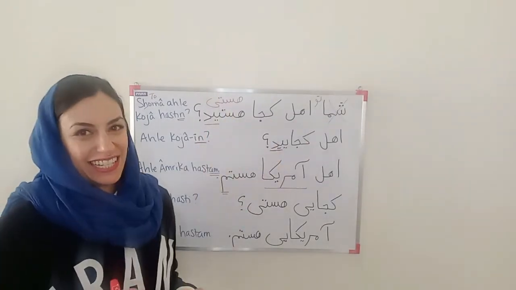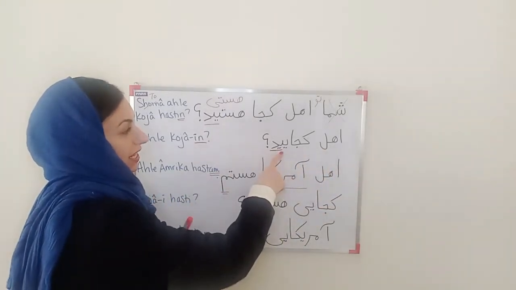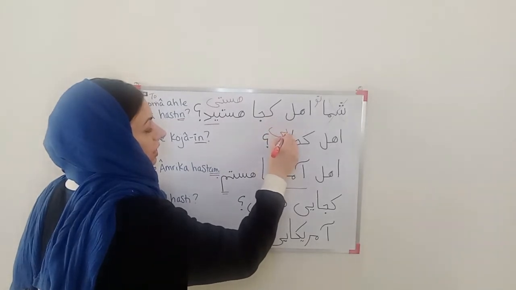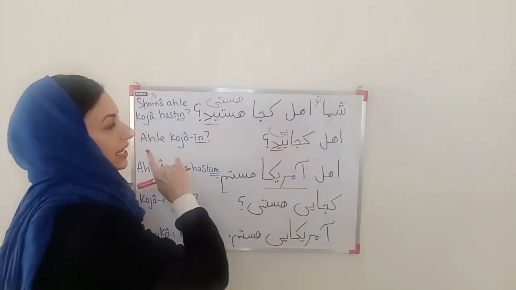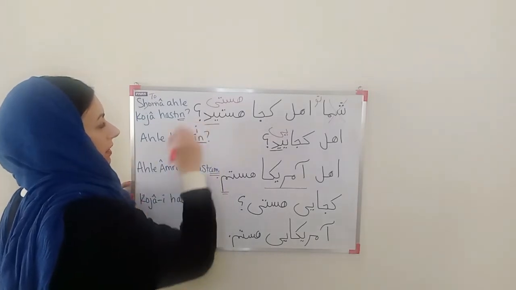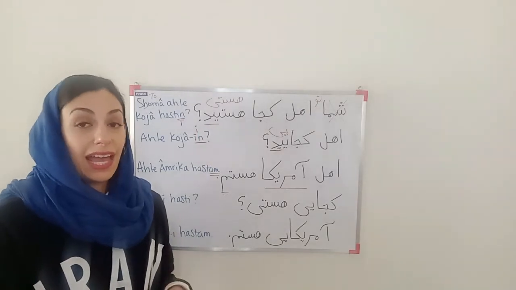Ahle koja hasti. Or if we want to change this, our ending would just change to ahle kojai, right? And this would just become e. Same here. Our ending for to, e, ahle kojai.